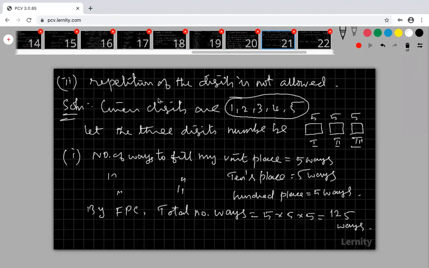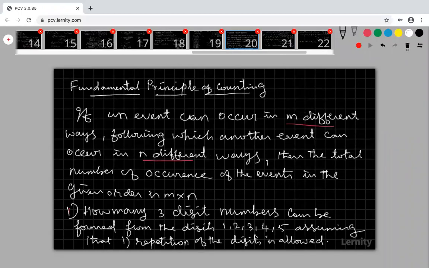So, look at that, using these 5 digits, I can form 125 3-digit numbers if repetition is allowed.